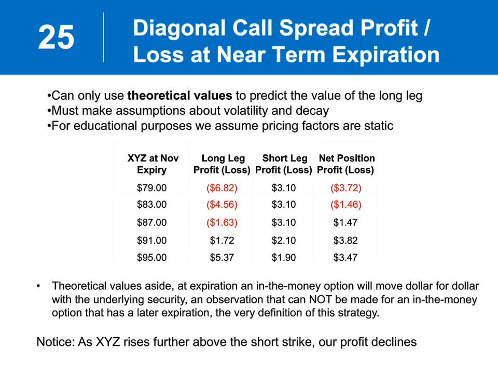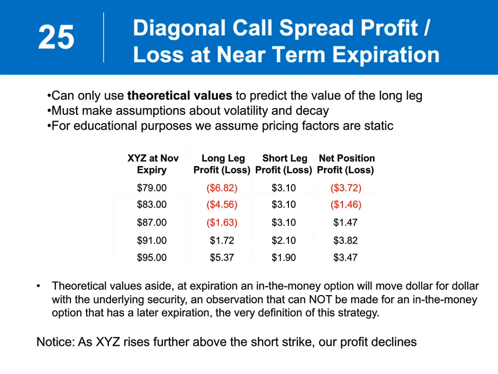So that $3.10 is all profit. And imagine, with the stock unchanged in price, in this example, we're looking at a profit on a bull call diagonal spread. Unchanged stock, we're looking at a possibility of a profit here.